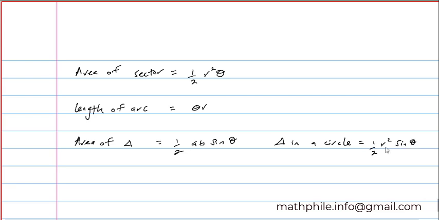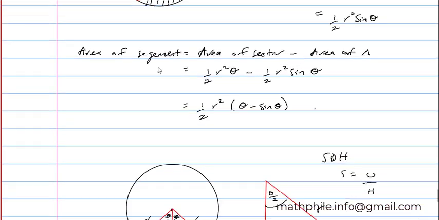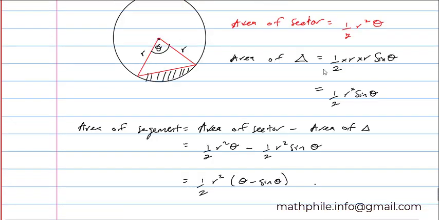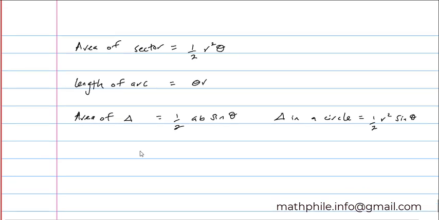It doesn't matter, it's the same thing. Remember when we were doing this one, we did the A to be r and the B is r. And so that is r squared sine theta. Okay, write it down.